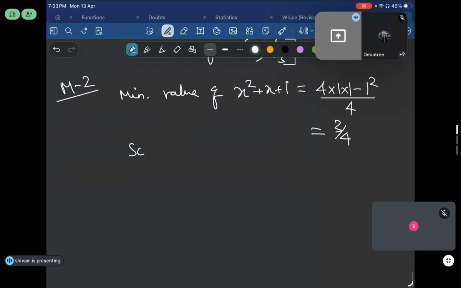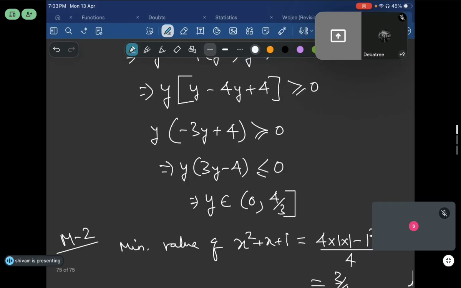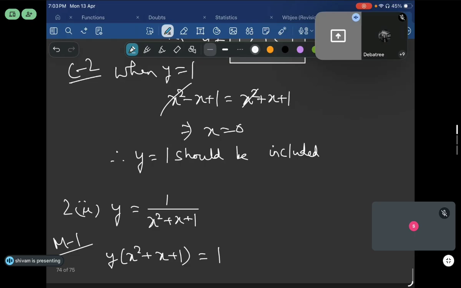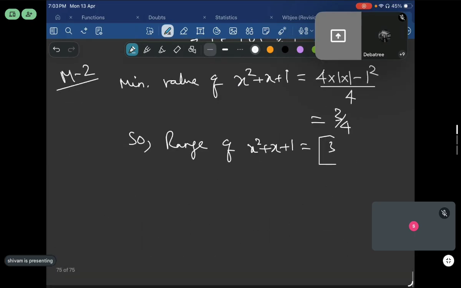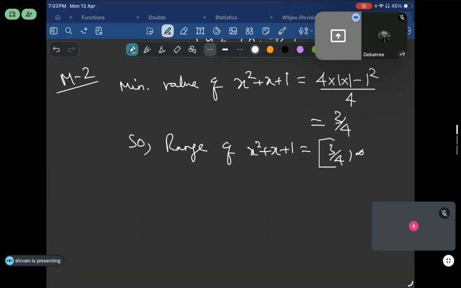So I can say that the range of x square plus x plus 1 is 3 by 4 comma infinity. Wait, it is x square plus x plus 1 or x square minus x plus 1? It will be 3 by 4 comma infinity.